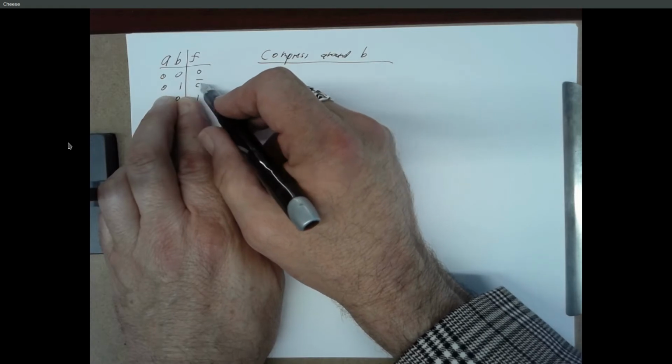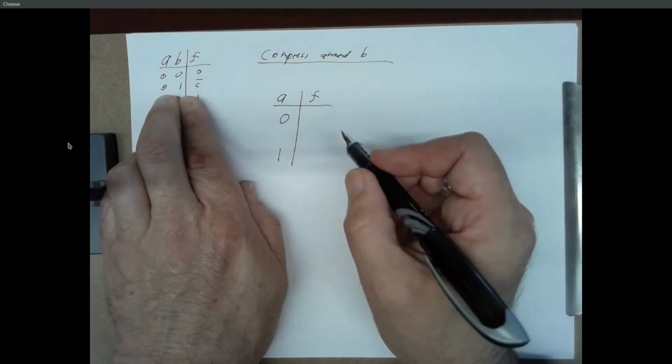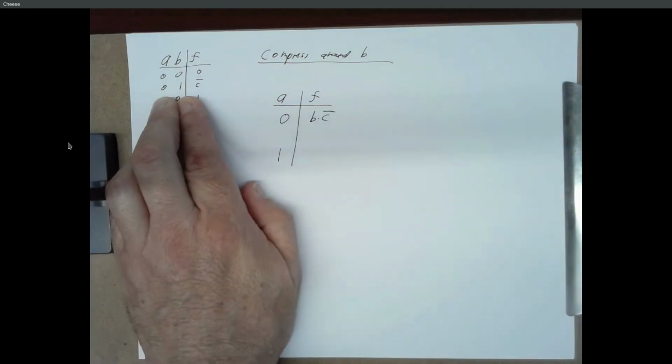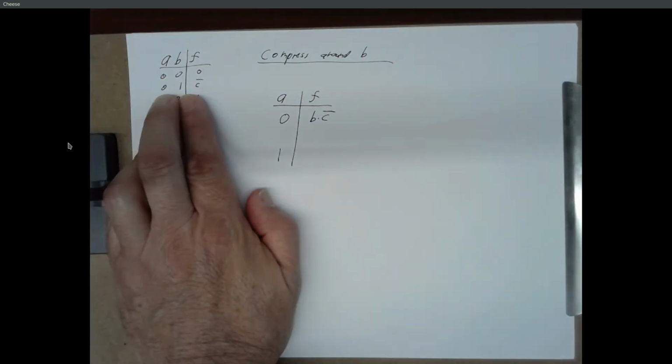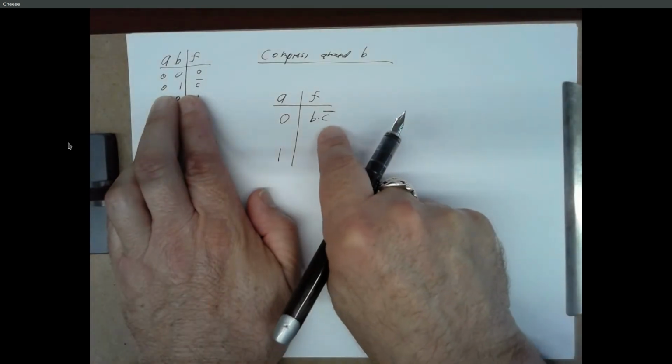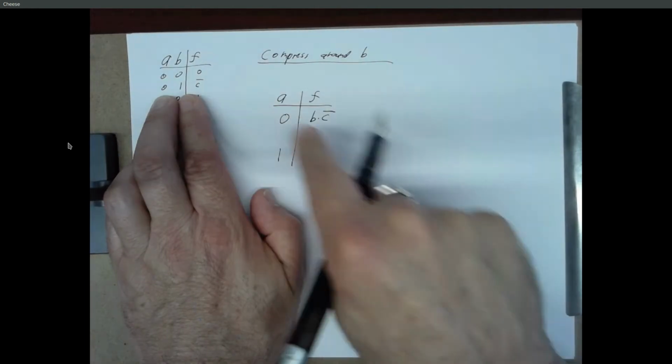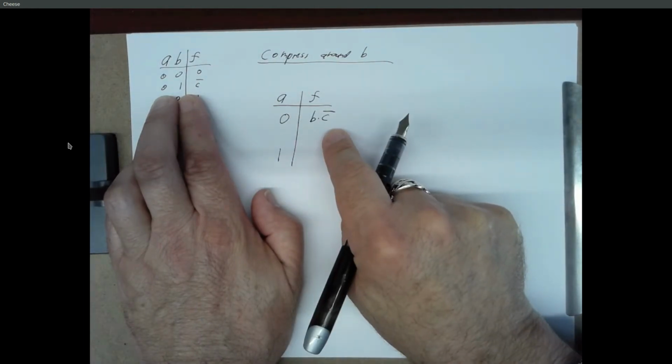If B is 1, F should be C bar. So if B is 1, F is going to be the value of C bar. And if B is 0, 0 ANDed with C bar is going to be 0, F will be 0. So we can rewrite these first 2 rows with this B and C bar.